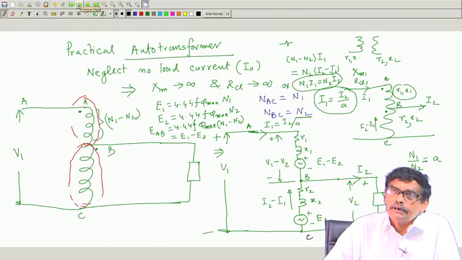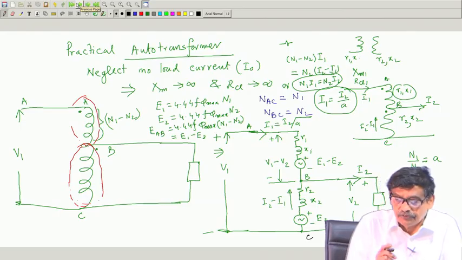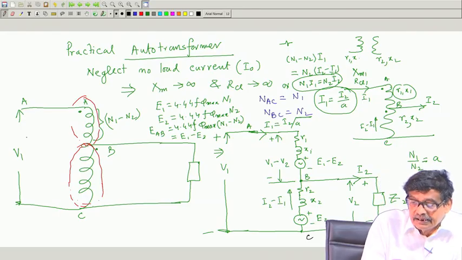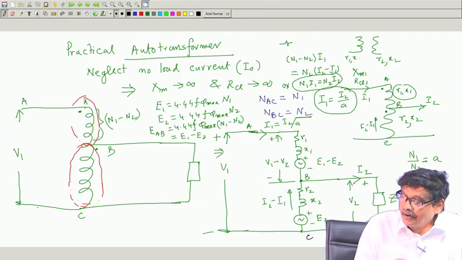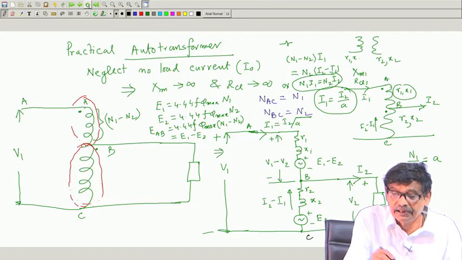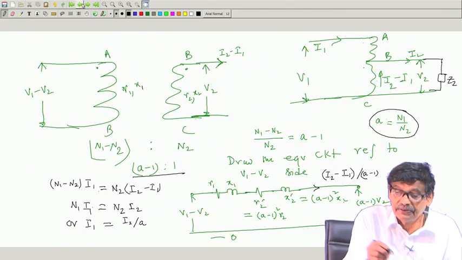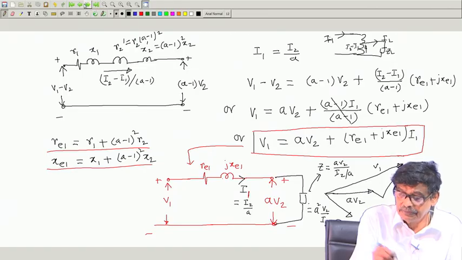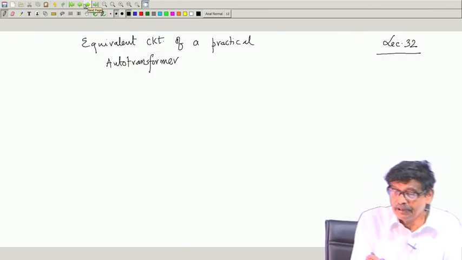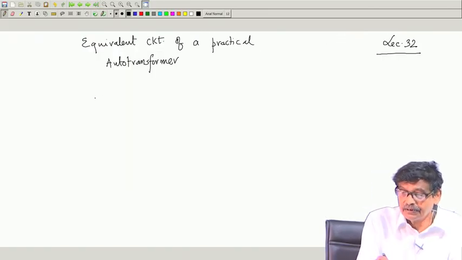One is RCL1, another is XM1. For example, here I will connect RCL1 and XM1. Got the point? So, if I draw it here, that I can always do. So, the equivalent circuit of an autotransformer.